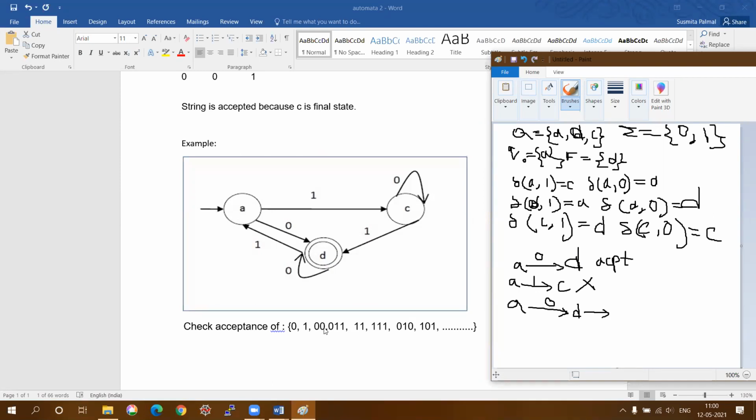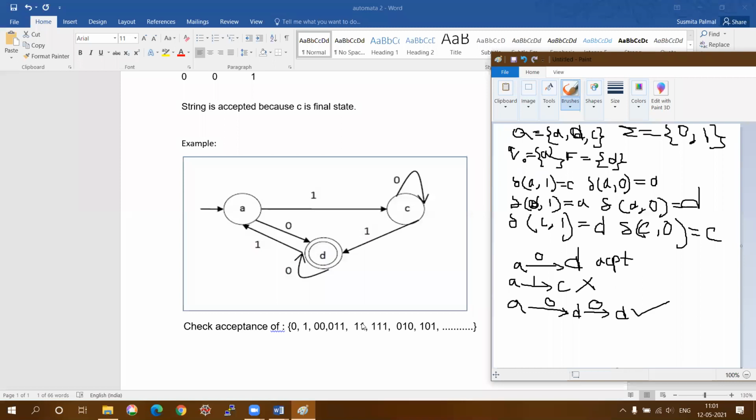The second 0 we will consider for processing. D using 0 is again going to D. D is our final state, right? So this is accepted.